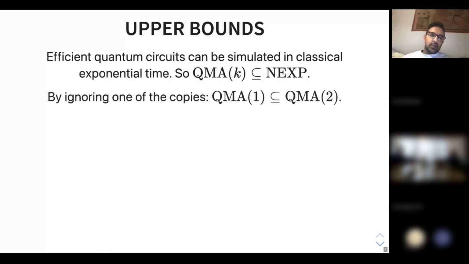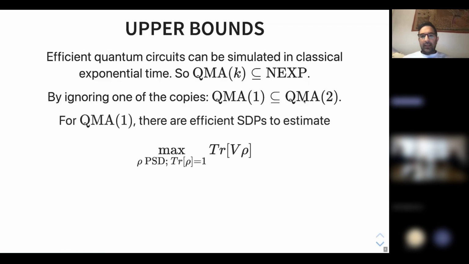And of course, if you ignore one of the copies, QMA can be simulated in QMA2. And for QMA, there are actually efficient semi-definite programs to estimate this quantity. Ultimately, you are just taking the accepting POVM of your verifier, and whatever witness state, if you get some mixed state rho, what's the best acceptance probability you can get?